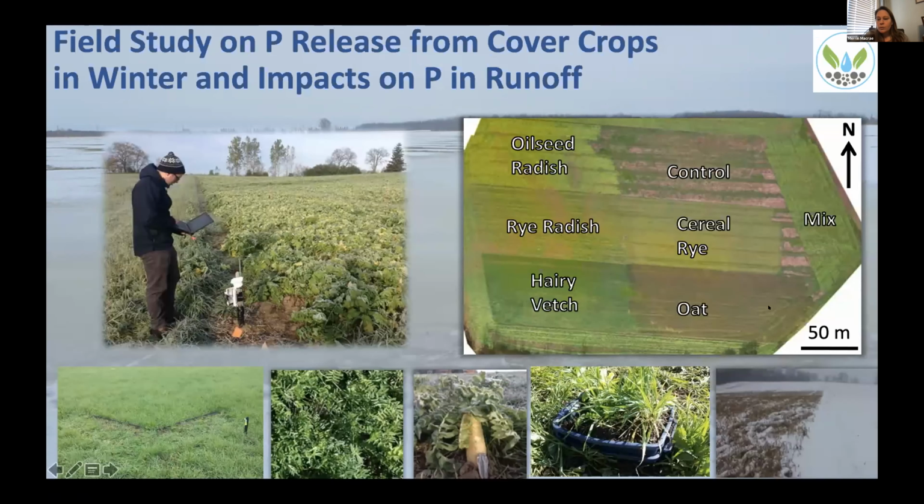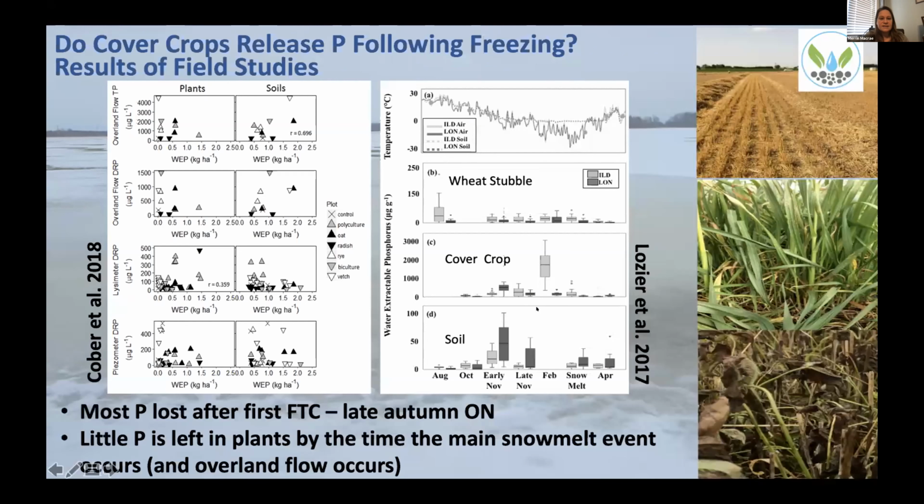With James Kober, we divided the field into plots and planted different species of cover crops, and again measured runoff concentrations, not volumes, in the surface and in the subsurface throughout the non-growing season.